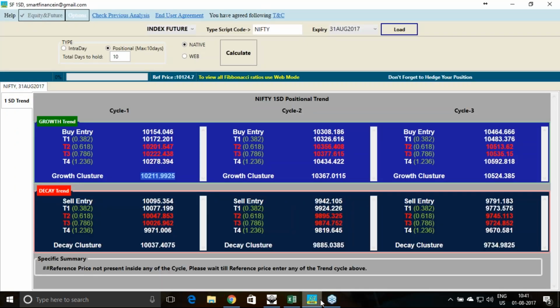So again, I'll look back at my trend parameter. Once this 10,200 crossover happens, then 10,308 is giving me the uptrend breakout, and it has a chance to touch the 10,356 or 377 level. So I wish to buy a call option near this level, 10,308 to 326.